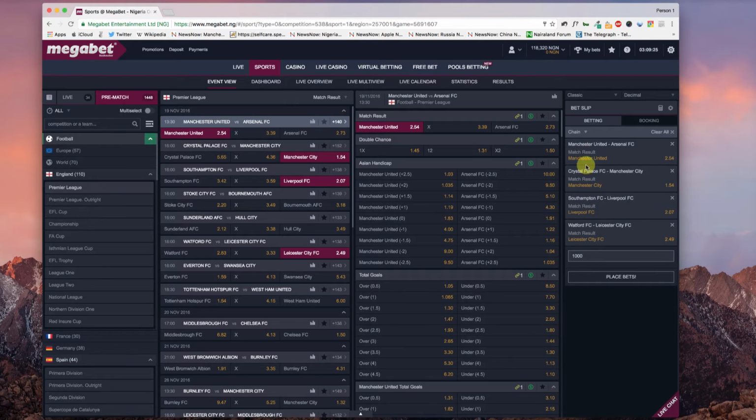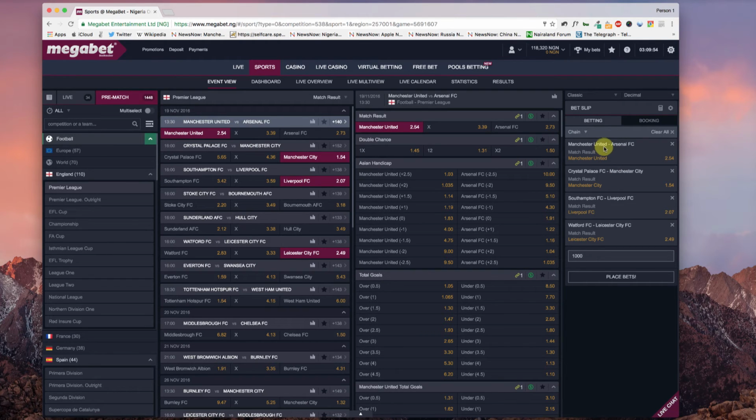What you need to bear in mind is that the chain bets will follow the sequence in which you selected them. So it doesn't really matter if Leicester City versus Watford is going to happen before Manchester United versus Arsenal. The system will only recognize Manchester United versus Arsenal first, and then move to the second one, and then to the third one. So when you're arranging your bets, it's important for you to put the easiest bet, the one you think will most likely happen, at the top.